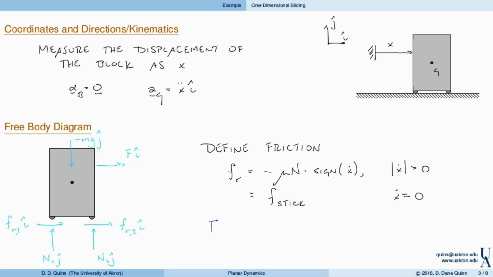So again, this F stick is the force required to maintain equilibrium, or in particular a state of stick.